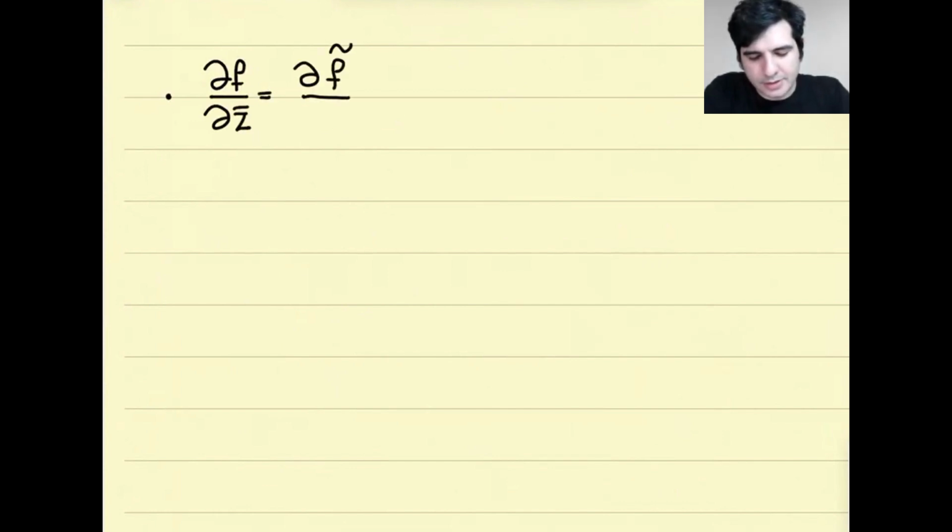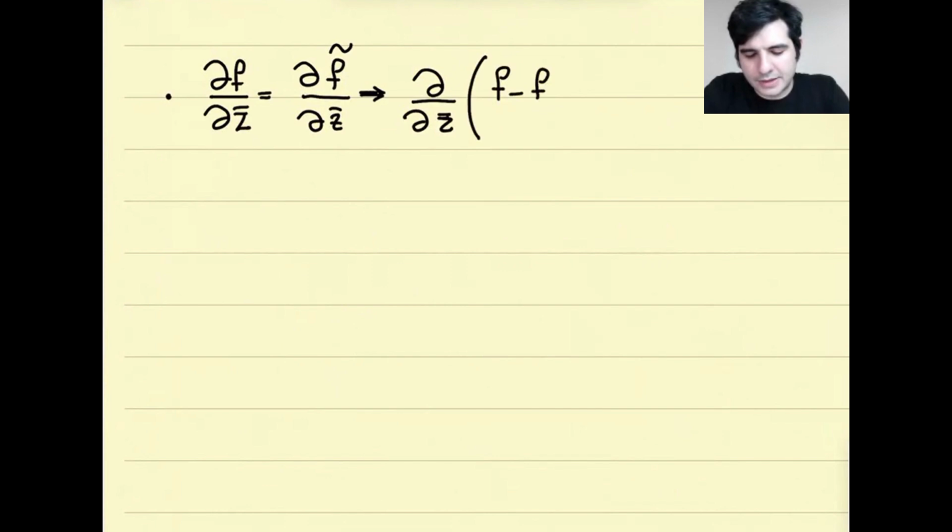So I have the derivative of f with respect to z bar equal to the derivative of f tilde with respect to z bar. I can move both of them to the left side of the equation. So the derivative with respect to z bar of f minus f tilde is equal to 0.